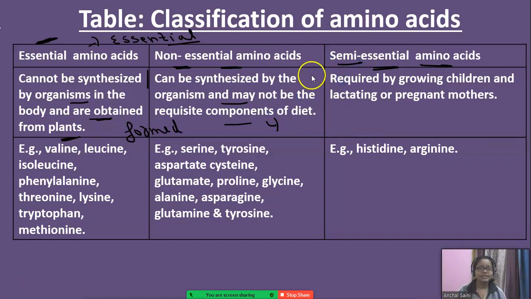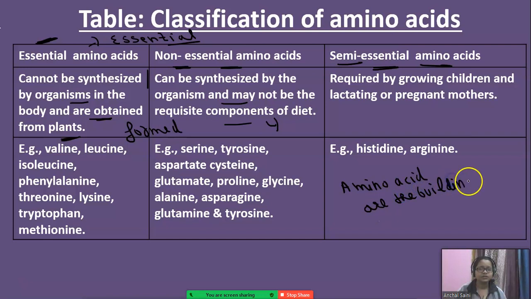In this you can easily remember that semi-essential amino acids are those which are required by the growing children. As we know, amino acids are the building blocks of proteins.